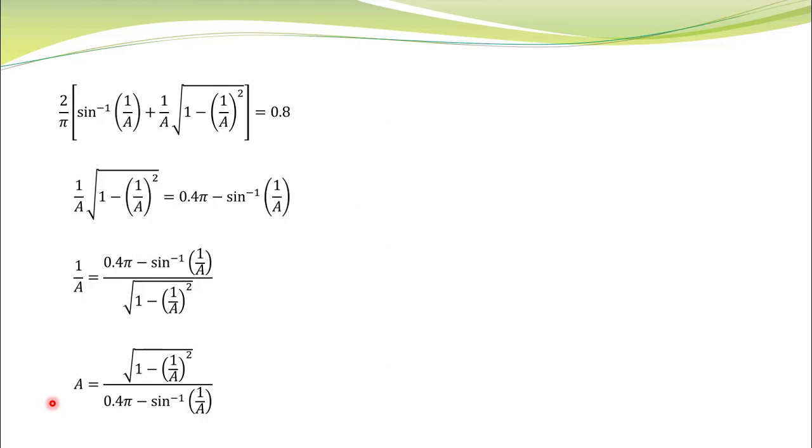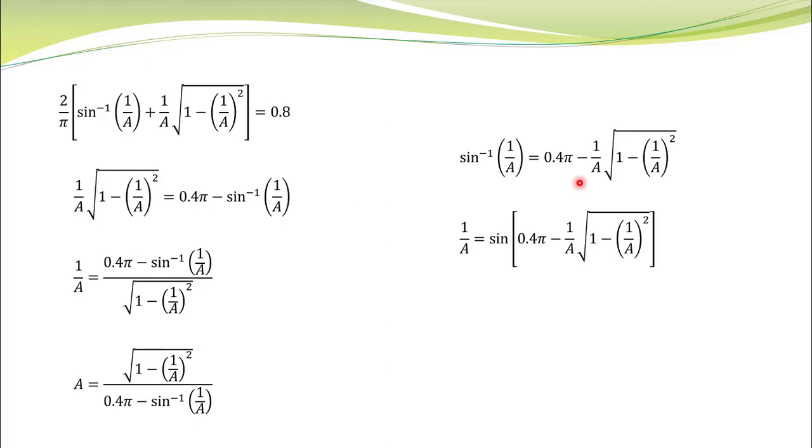But remember that this is not the only way to rewrite this equation. The same equation can also be written into this form. For example, bring this term to the right hand side and also this term to the right hand side. We have this expression, and then bring this sine inverse to the right hand side.